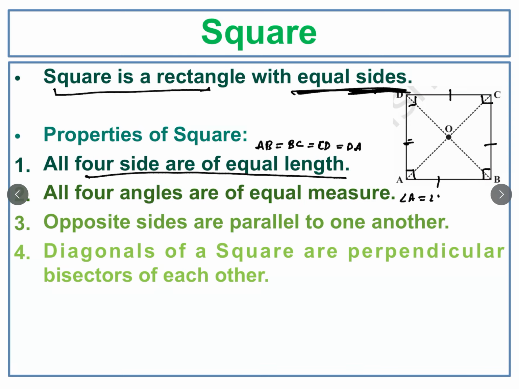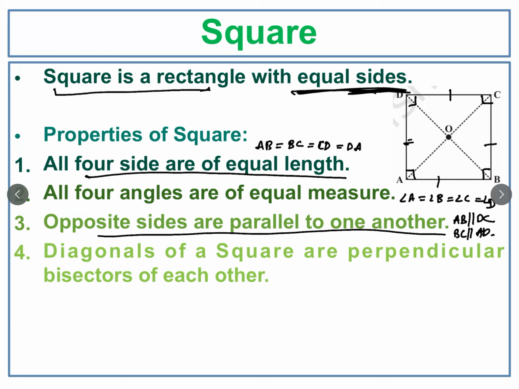Then opposite sides are parallel to one another. That means AB is parallel to DC and BC is parallel to AD.